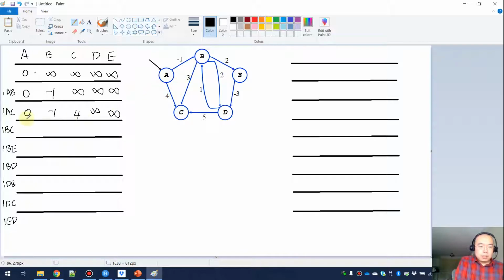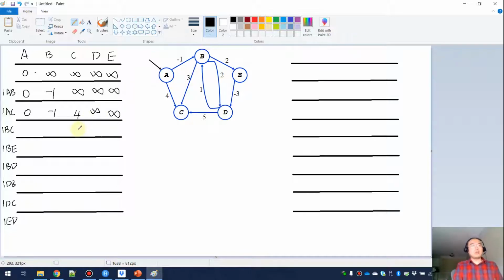Okay, for BC, the cost to B is -1, right? And for C, we already know there is a way to get to C with a cost of 4. If we go from B and take BC, the cost of getting to C will be -1 plus 3, so it will be 2.